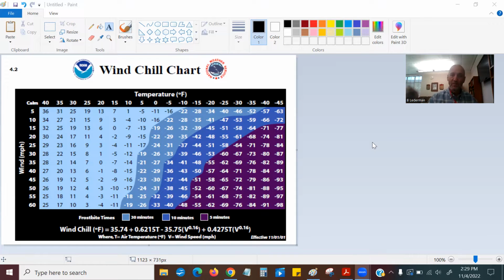So if you look here, what does that mean? If the actual temperature is 25 degrees and the wind is going at 30 miles an hour, even though the actual temperature is 25, it's going to feel like it's 8 degrees.